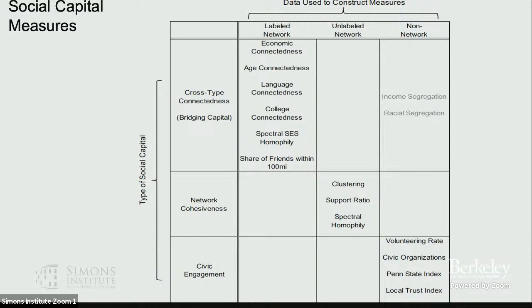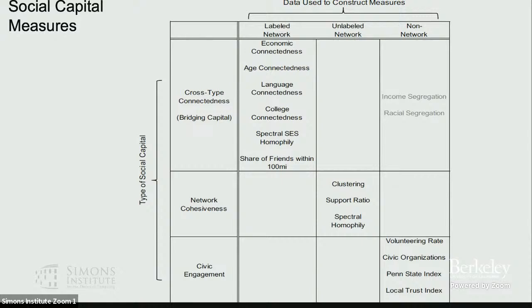You could look at spectral homophily, so the second eigenvalue of the stochasticized version of the matrix. You can look at how many friendships have friends in common. You can look at other versions of connectedness: age connectedness instead of economics, language connectedness, whether people went to college, are they connected across that divide? So there's a bunch of things you can look at.